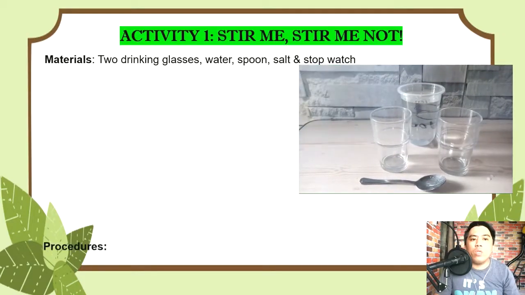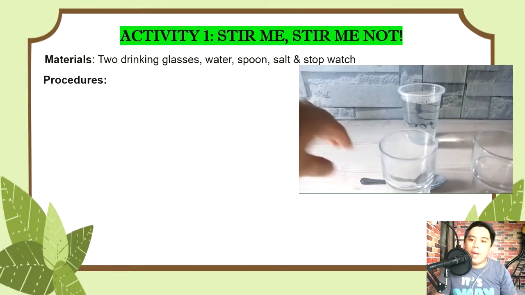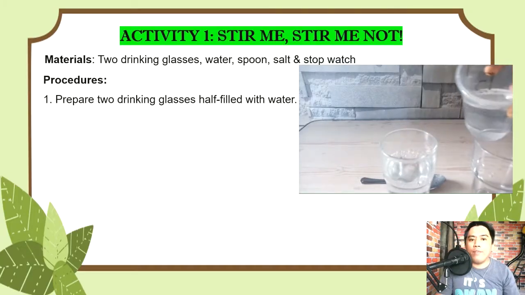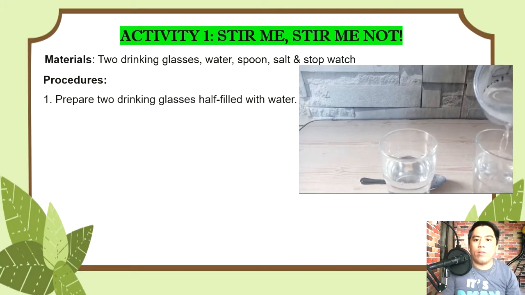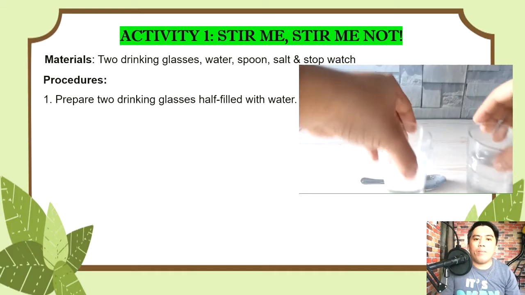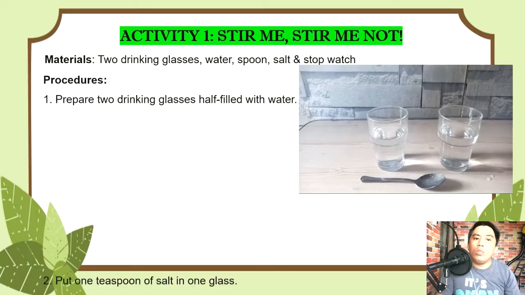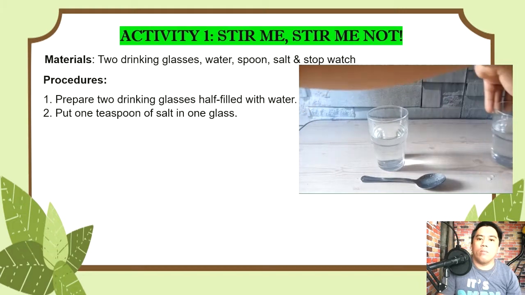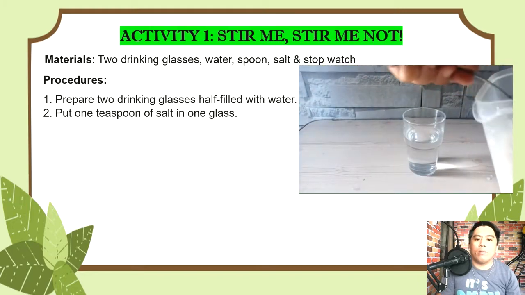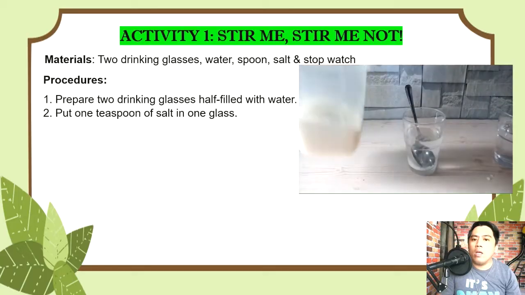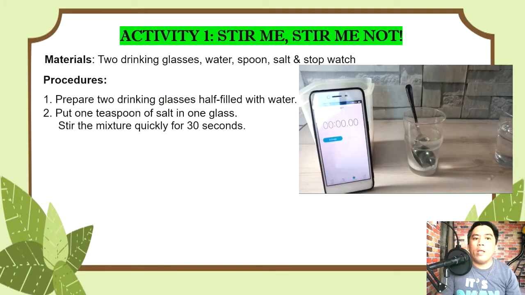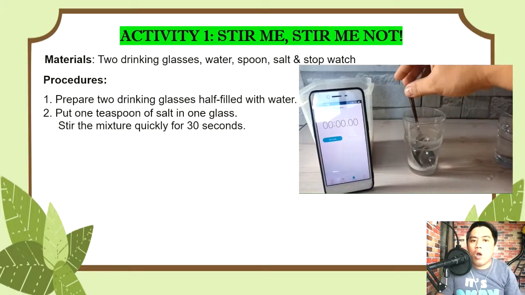Okay, doon tayo sa procedure or procedures kasi marami. Number 1, prepare 2 drinking glasses half filled with water. Yan, so tigkalahating baso ang i-prepare natin. Number 2, put 1 teaspoon of salt in 1 glass. Lagyan ng isang kutsaritang asin ang isang baso. Then, stir the mixture quickly, mabilis, for 30 seconds.